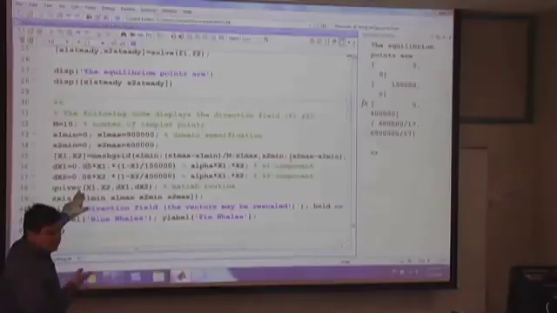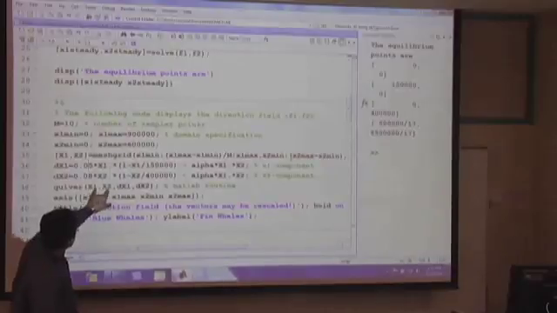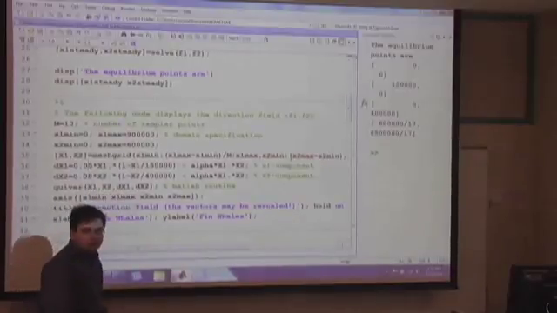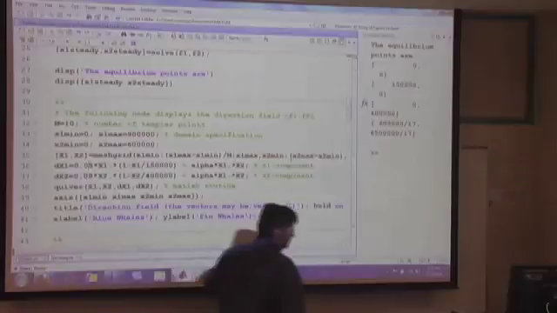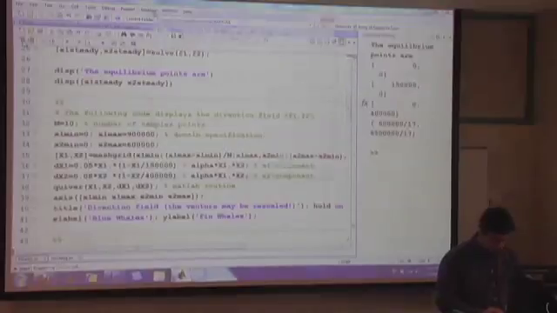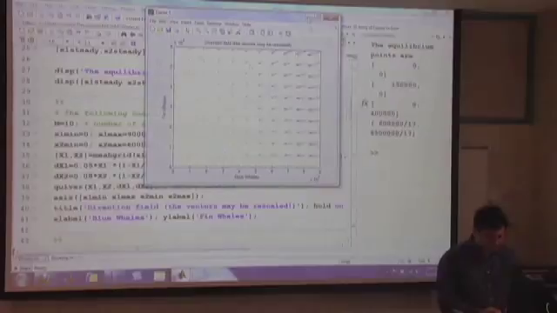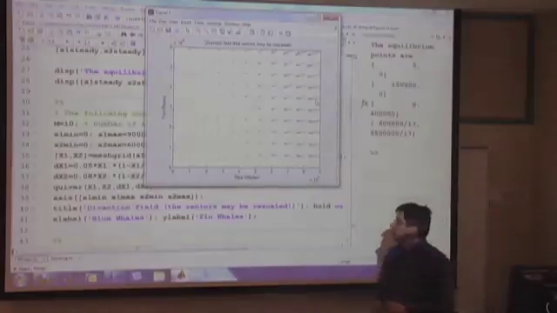Quiver is for plotting the arrows, and you have to give it x1, x2, and f1 and f2. Then you just put the axis here. So let's see what this does. Okay, so these are 100 points and the arrows.